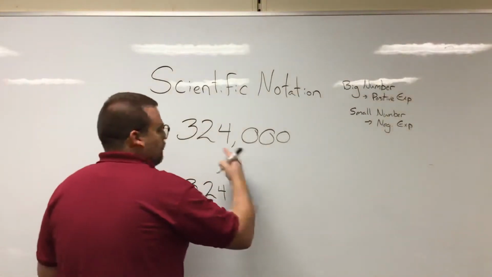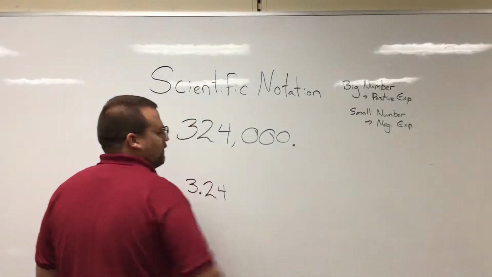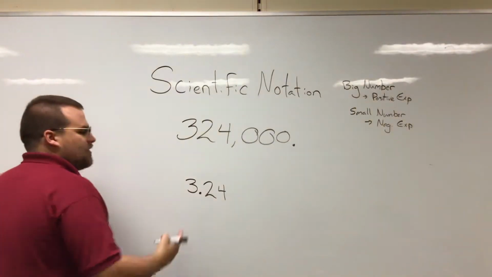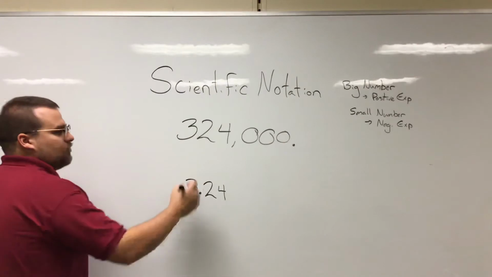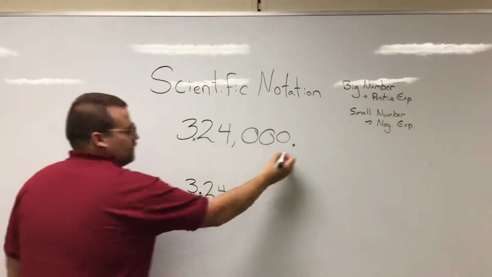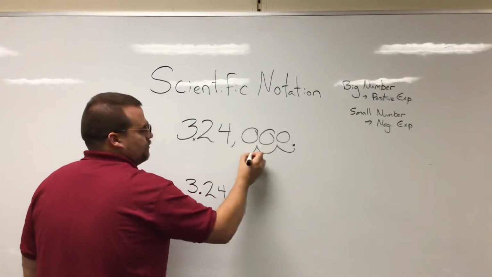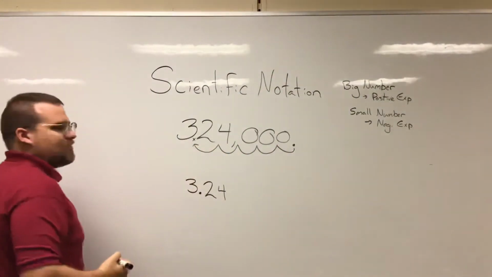Now we take a look at where the decimal currently is in this. Well, that decimal's currently after the last number, right? And we ask how many times would we have to move it to get it between the 3 and the 2? Well, 1, 2, 3, 4, 5 times.